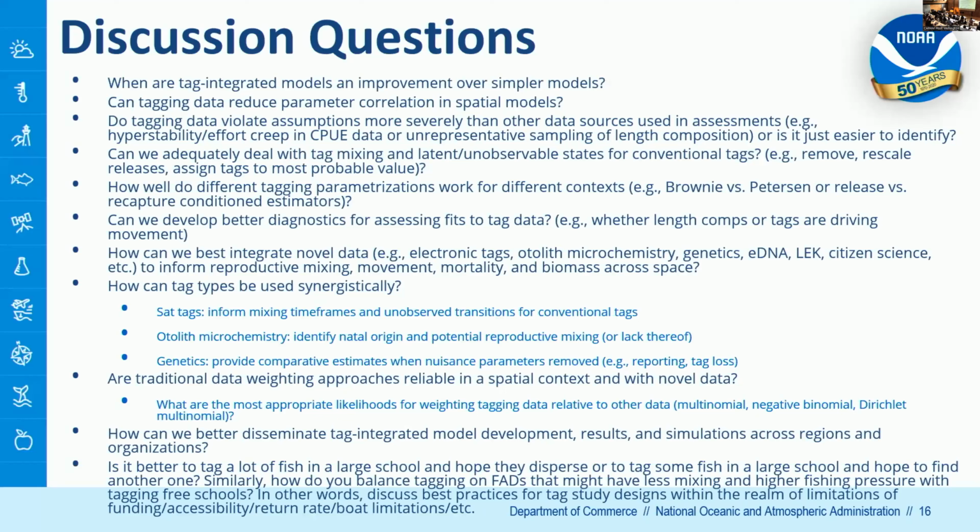You look at them, and it's relatively simple to say, here's an issue, here's not, this is working, this isn't. In spatial models and tag integrated models, you're looking at releases and recaptures and residuals, and recaptures by cohort, by year, by area. So you're looking at probably hundreds of different patterns and residuals. And for me personally, I have trouble eyeballing that and saying, that's an issue. So I don't think there's anything wrong with them. I think the problem is how do we interpret them as humans, or develop a measure of some sort to say this is working or this isn't working, to diagnose those misfits.